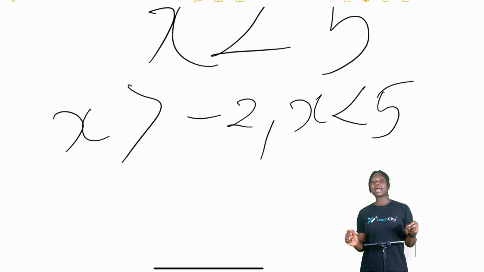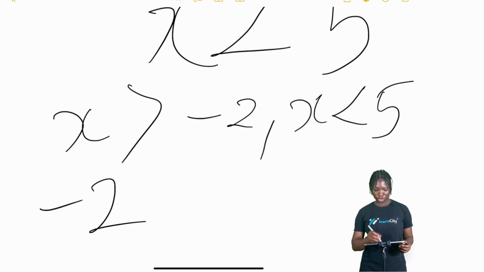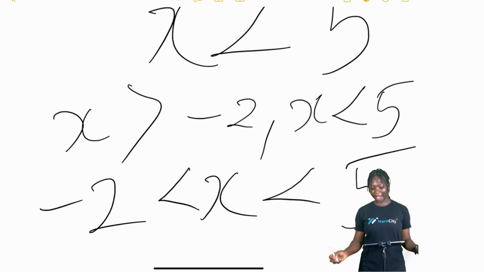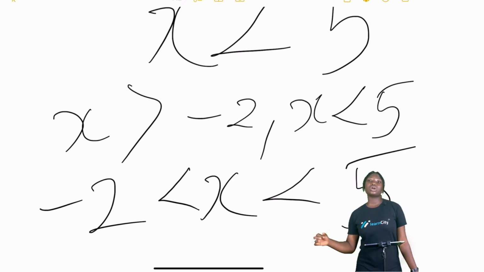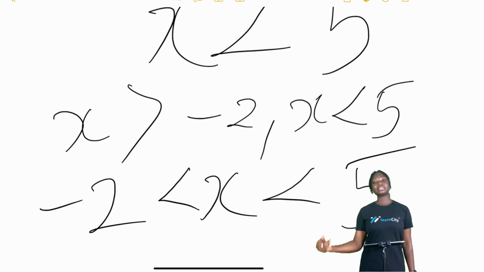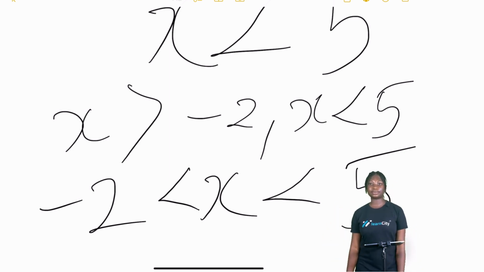Combining this into an inequality, we can write -2 less than x less than 5. This is combining two different inequalities into one single inequality.